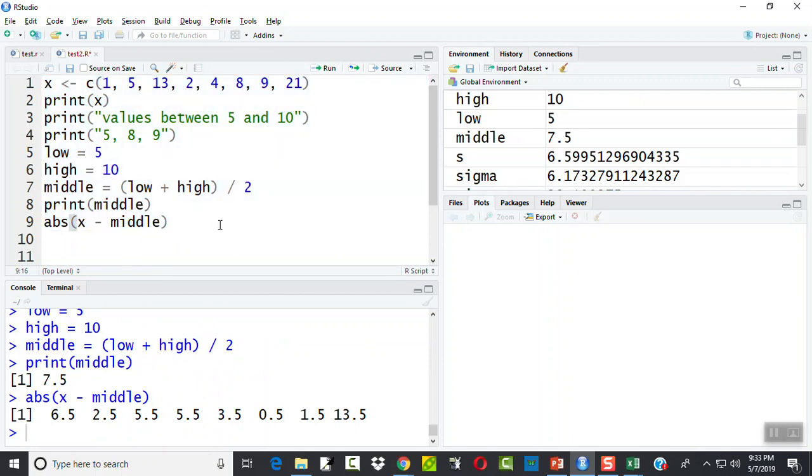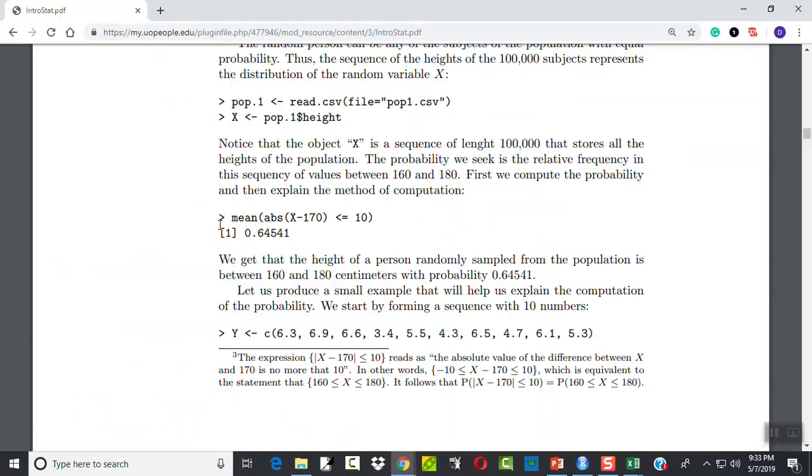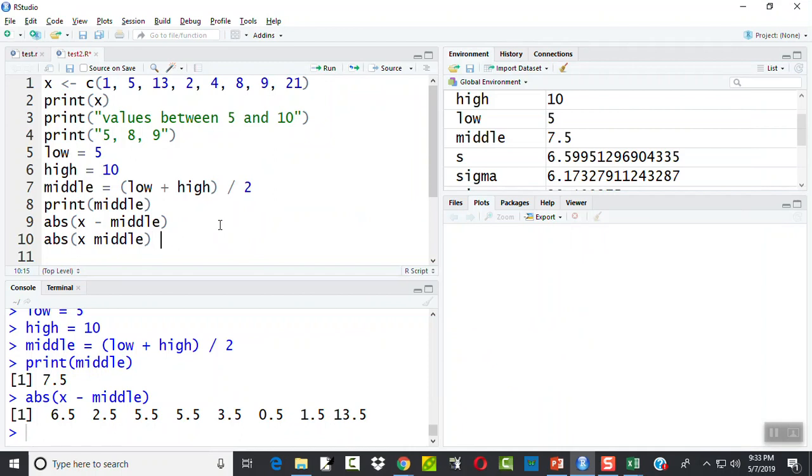Okay, so then X minus my middle, and they got less than or equal to 10. I'm looking at the difference between my middle, which is 7.5, and the 5 or the 10, which would be 2.5. Okay, so let's see what in the world that gives us.